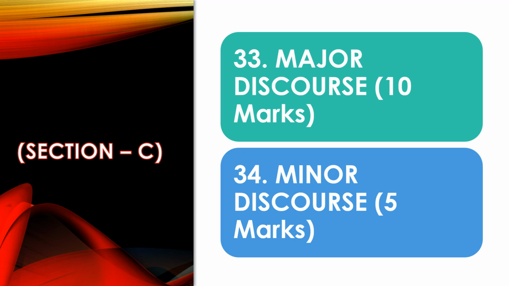The major discourses in the summative assessment 2 paper are BSNLE: B for biographical sketch, S for speech, N for news report or review, L for letter writing, E for essay. In the minor discourse, that is PIP: P for profile, I for invitation and P for poster.